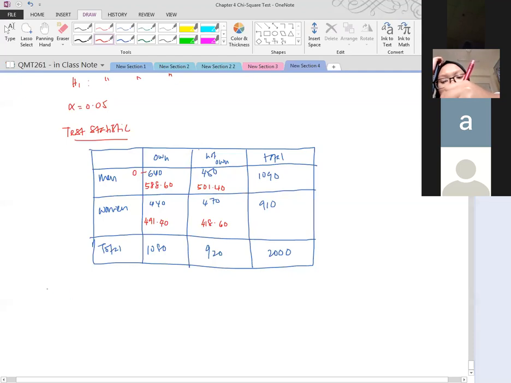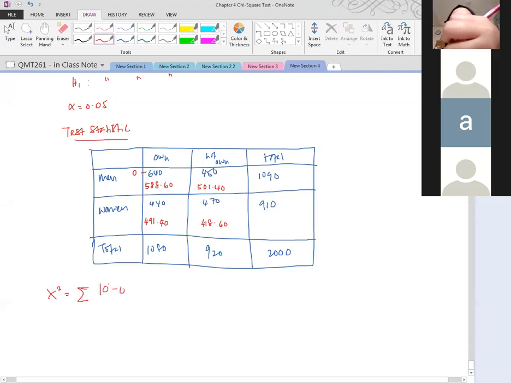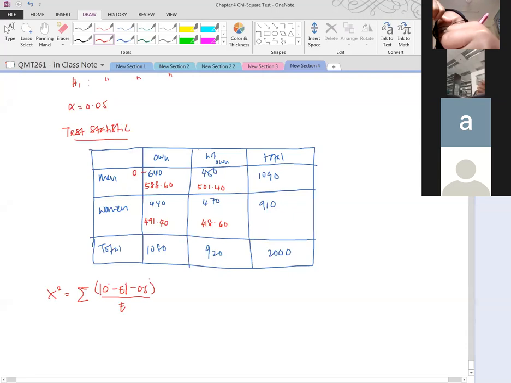Now we need to calculate the chi-squared value. The chi-squared value for a 2 by 2 table is the absolute value of observed minus expected, minus 0.5, divided by E. And don't forget, you need to square this value.